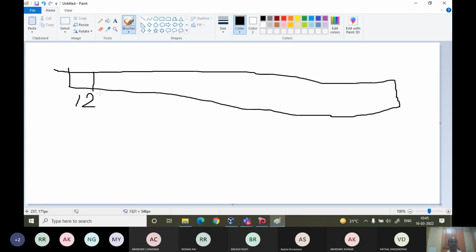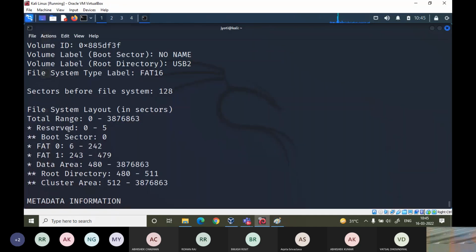Up to 127, it was totally reserved by the system. Do not know exactly what happened. The next one, 128, is the boot sector, as you can see here. And the next 5 are reserved: 0 to 5, so 6 sectors, 129, 130, 131, 132. We do not know, these are reserved.